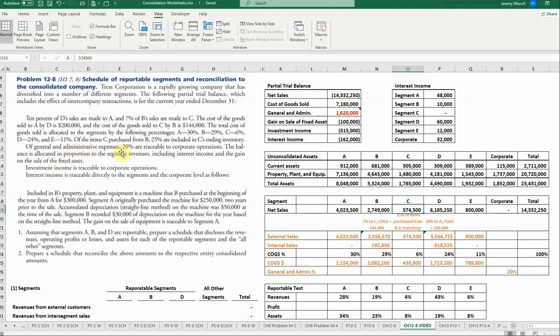So of the items that C purchased from B, 25% are still in inventory. So I made a little note right here. So 25% of the items sold by C are still in inventory. So of the G&A expenses, 20% is related to corporate.